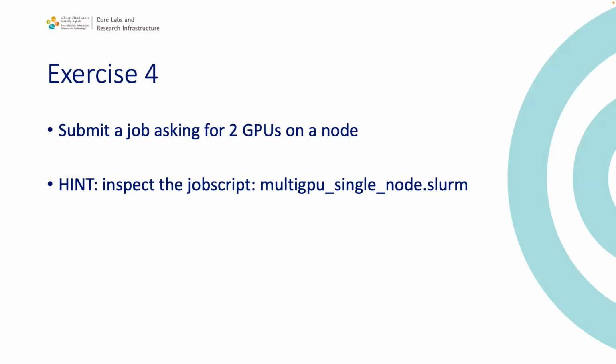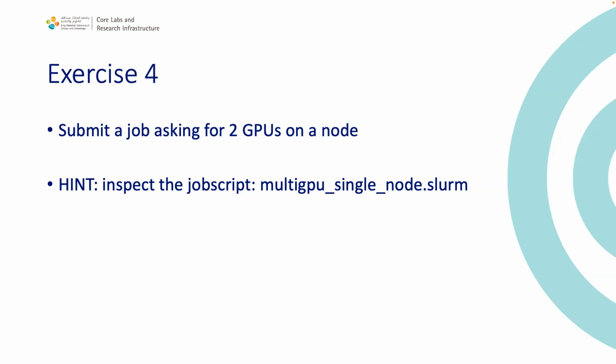Check it out. Check if you are not asking for A100s and submit it. Again, the same applies here. Basically, comment the A100 line so that you can run the job.